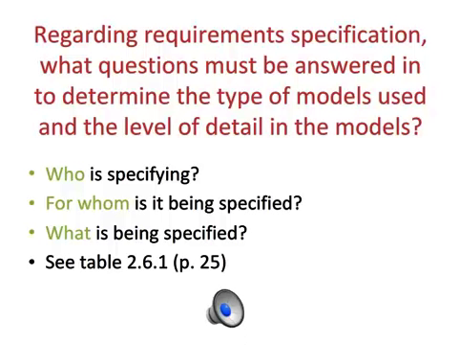And so table 2.6.1 on page 25 gives you an idea of the models in terms of the business systems and the IT system and the integration system and the view and who is specifying and for whom it is being specified and what models you might use.